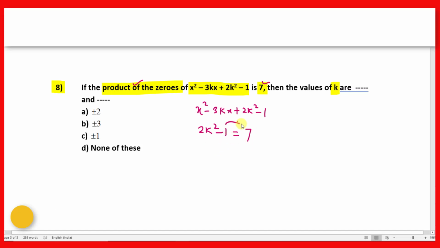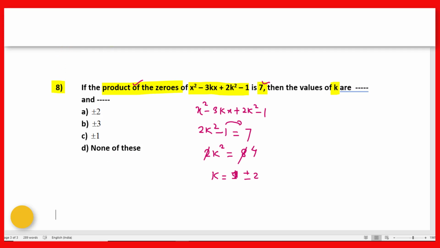Take minus 1 to other side, so it will be plus 1, so 2k square is equal to 8, and so 2 4s are 8, so k square is equal to 4. Taking square root of both the sides, we will get k is equal to plus minus 2, and therefore the correct option will be A, plus minus 2.